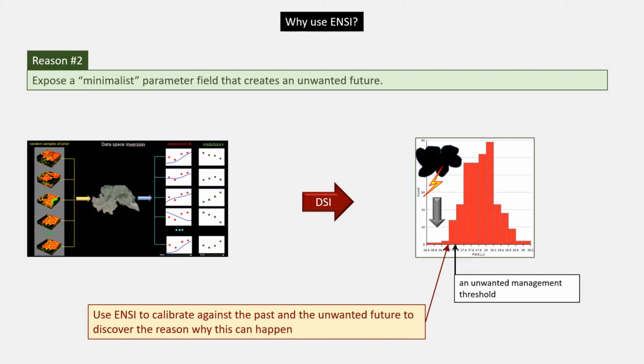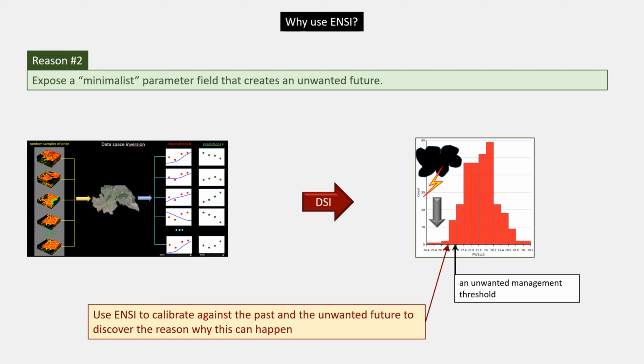So if we now use ENSI to calibrate against what happened in the past, as we do when we normally calibrate a model, but also include in the calibration data set the thing that we don't want to happen in the future, we can obtain a parameter field which replicates the past at the same time as it predicts something we don't want to happen, but still can happen and can't be ruled out according to the information that we have at our disposal at the present moment.